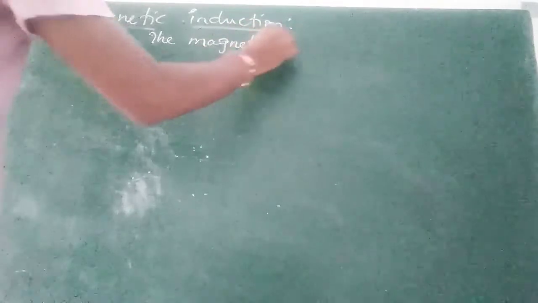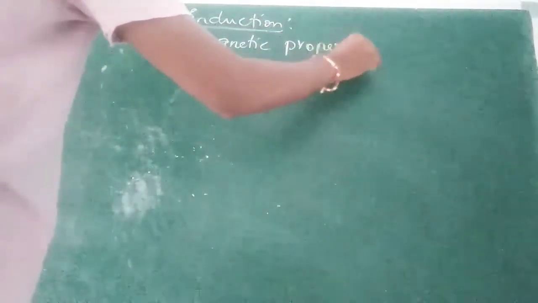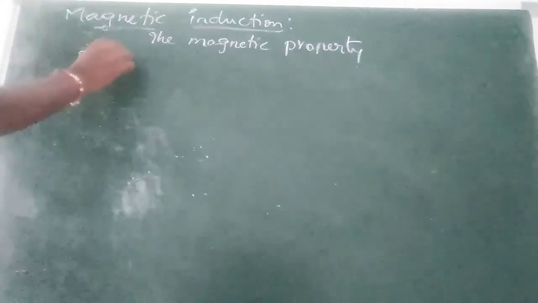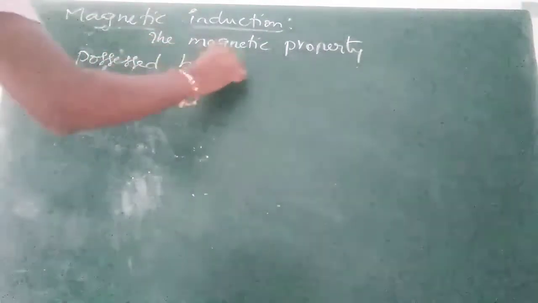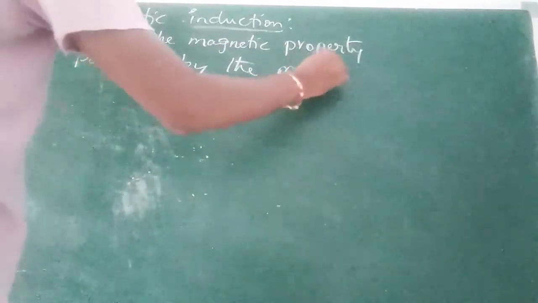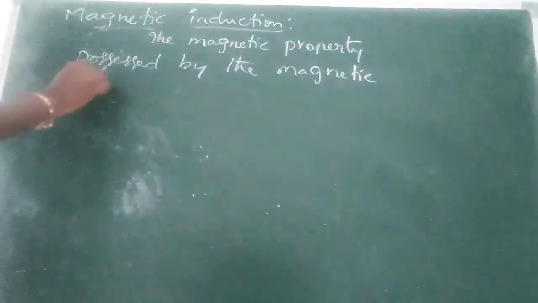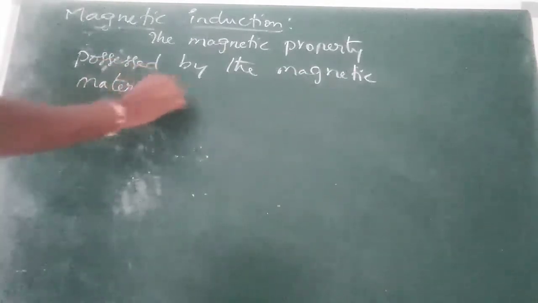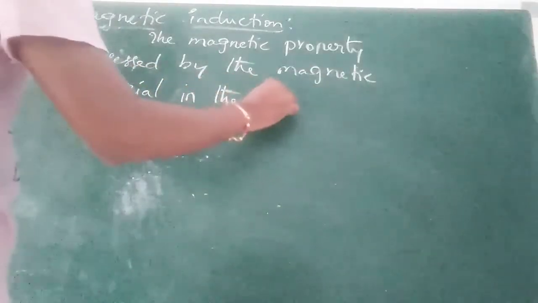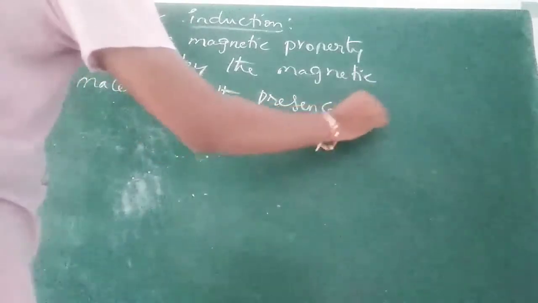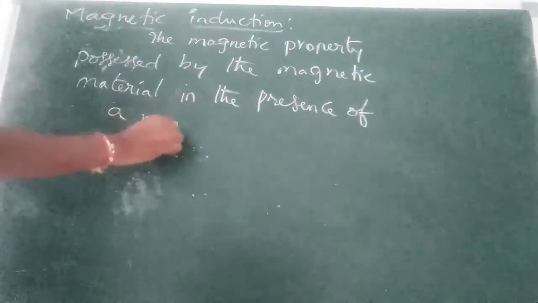Magnetic induction. Magnetic induction is nothing but, coming to the definition, the magnetic property possessed by the magnetic material in the presence of a magnet.